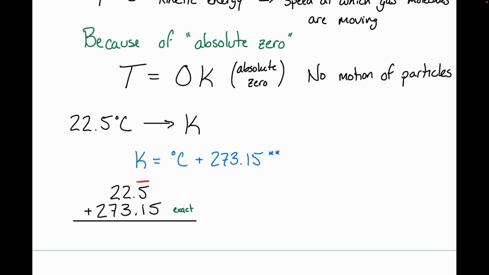So I can tell just based on the position of this first number here, my sig figs for my temperature are going to be in this 10ths column here. So when I do my math, 22.5 plus the 273.15, punch it into my calculator, I get 295.65, and I know I'm going to have to round to that 10ths place.